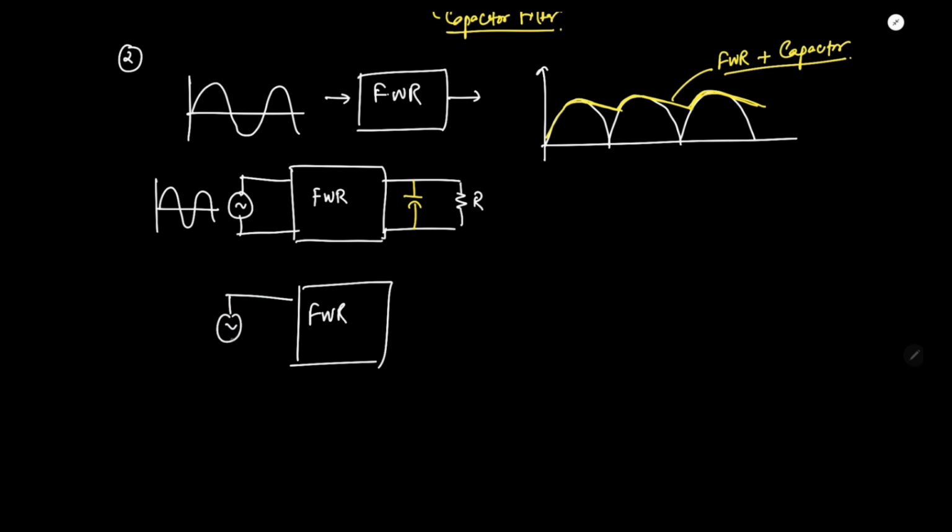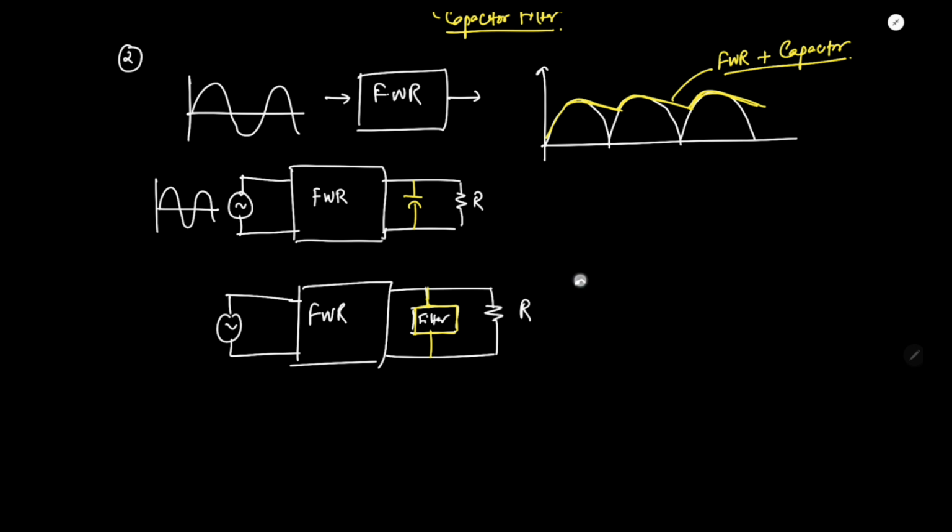Suppose this is a full wave rectifier, and here in parallel you connected a circuit. I don't know what kind of circuit it looks like, a combination of capacitor, maybe inductor, maybe some other kind of active devices. At this point I don't know. I'm simply writing this filter, a very highly efficient filter.